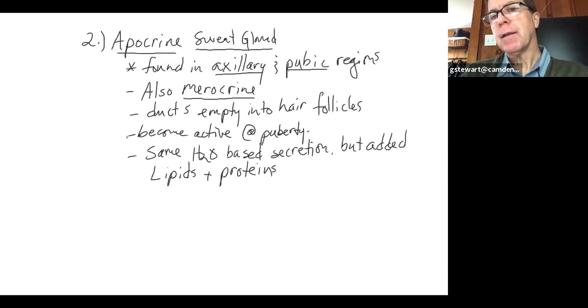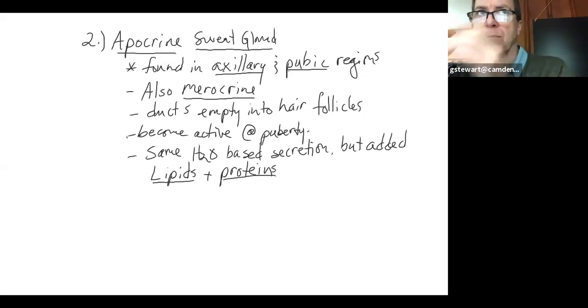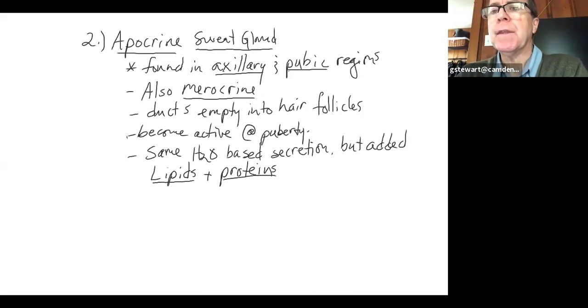So the addition of these lipids and proteins, what happens is when these particular glands, the apocrine glands, release their secretions with these lipids and proteins, bacteria on the surface of our body feed on these lipids and proteins.